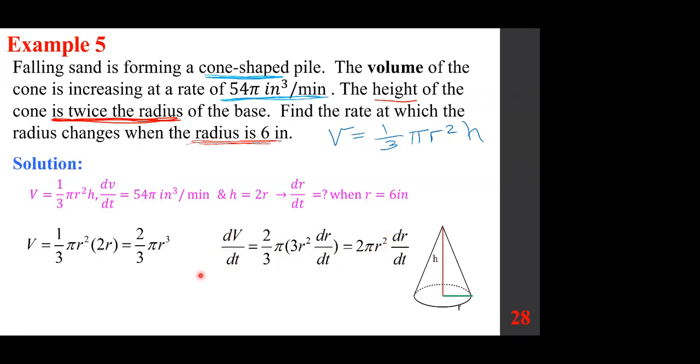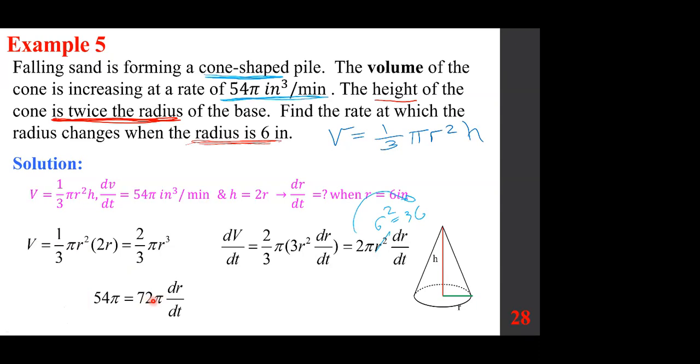So this one, by the way, class, remember this becomes 6 squared, which is 36. So what happens, 2 times 36 gives us 72. Okay, everybody? That's how we get to 72 pi. So replace the r, replace the dV/dt, and now you are solving for dr/dt.